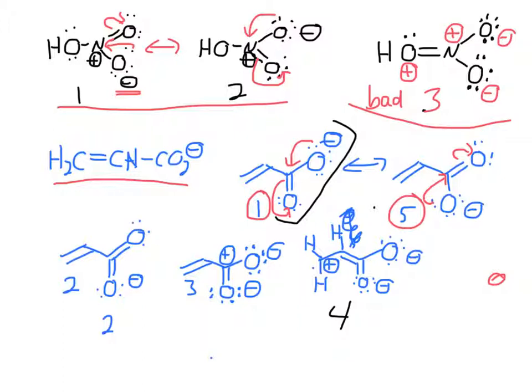So no reason to assign... Oh, nope, I'm wrong about that. I'm looking back at your structure. You actually drew in 3 lone pairs on that one. So that would have a charge, except that you're violating the octet rule. The oxygen has 10 electrons, can't have more than 8, and the carbon has 5 bonds.